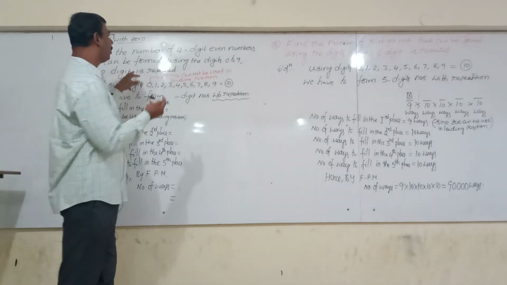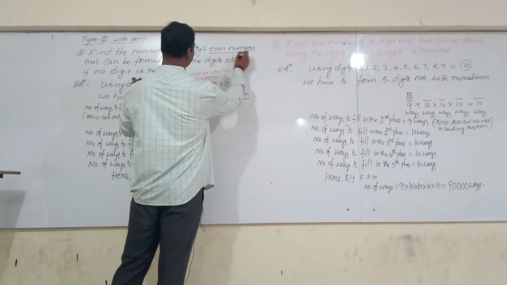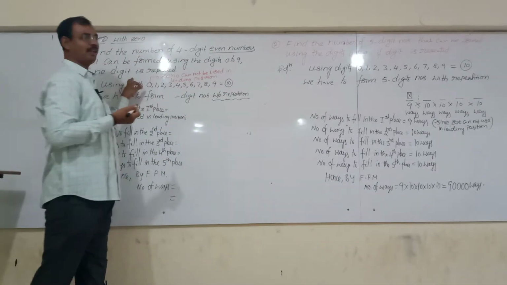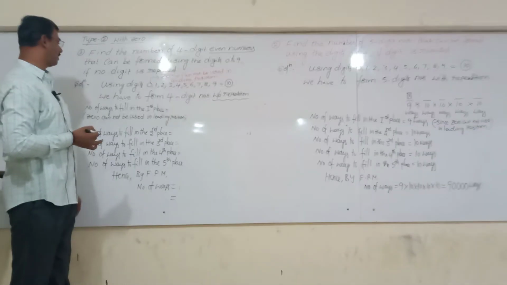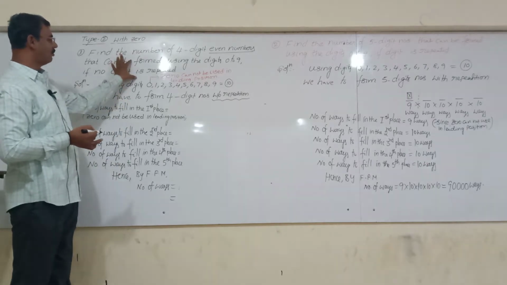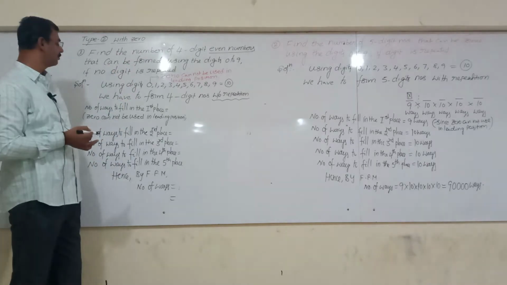What are those? One primary condition is even numbers, and another primary condition is that 0 cannot be used in the leading position. So we have to form 4-digit numbers without repetition. So what do I do in this case?